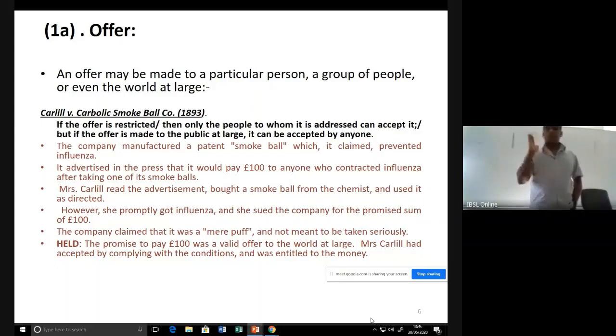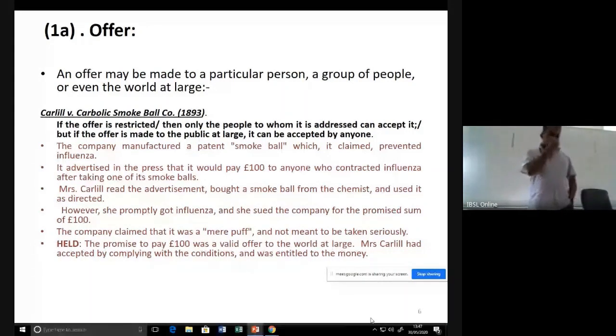That is a 100% guarantee. If after consuming this product you get influenza, we are ready to give you £100. That was their advertisement. £100 in 1893 is a big amount, big money.